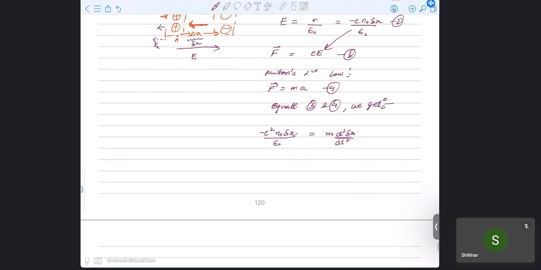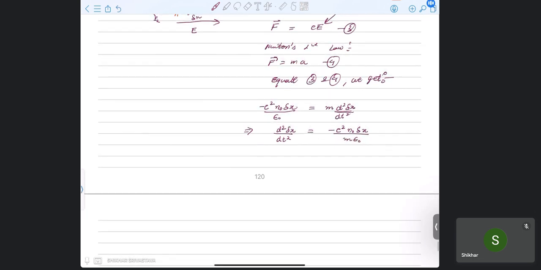So we can write this further as: the double derivative of the displacement of the electron by dt square is equal to minus e square n naught del x upon m times epsilon naught.